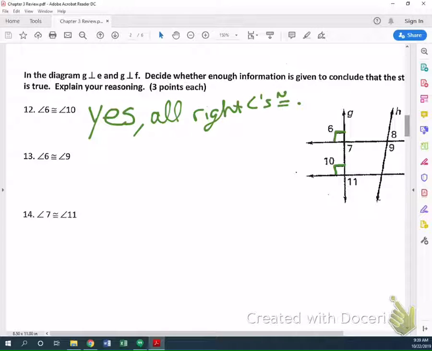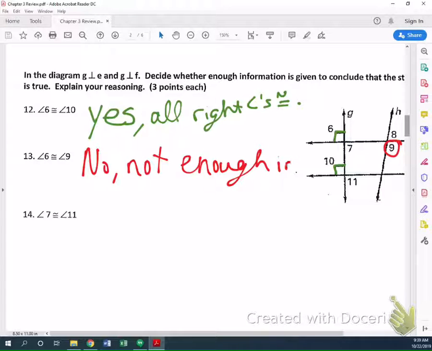All right, 6 and 9, are those congruent? No. And the reason is just not enough info. We don't know anything about the measure of angle 9. They definitely don't look congruent, but you can't ever use that as a reason. They don't look congruent or line slanty or whatever words you want to use like that, you can't.